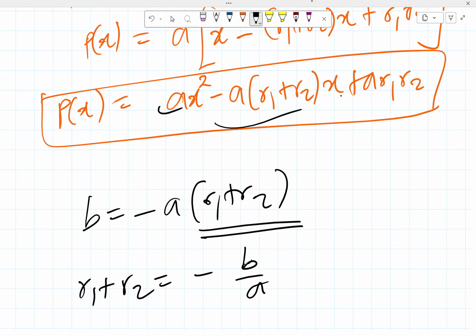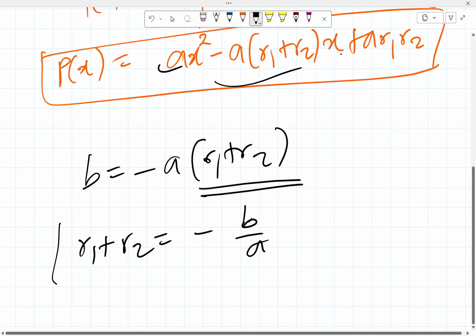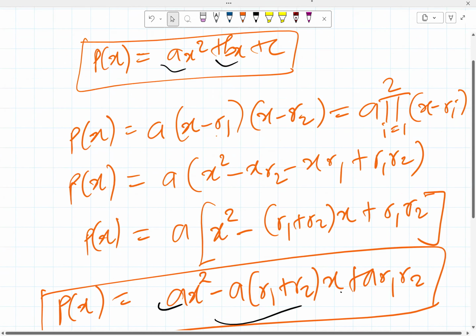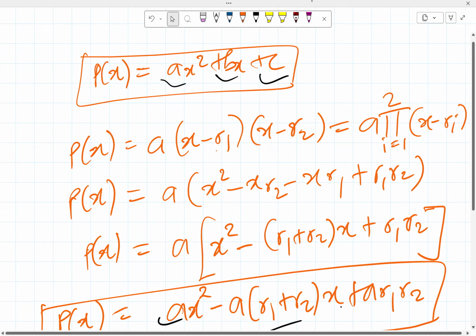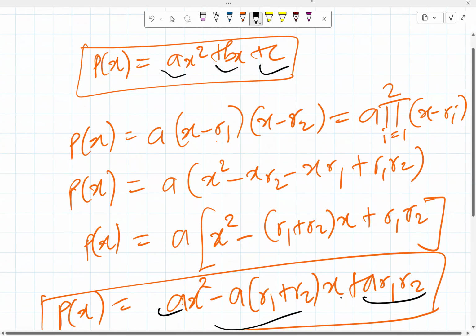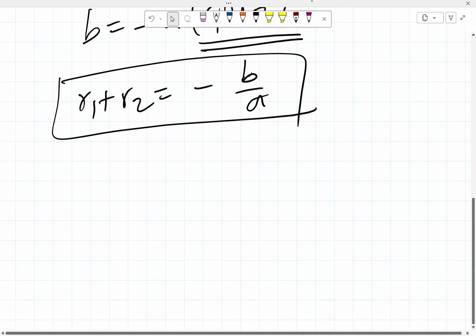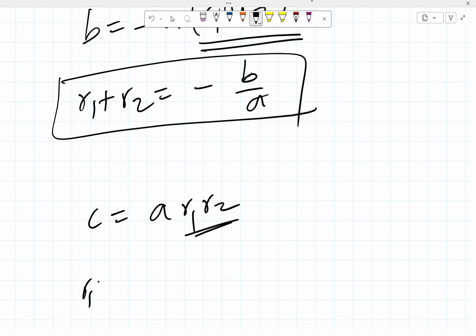That means you divide through by minus a. On the other hand, you see that the constant c is simply equal to a r1 r2. In this case, we need r1 r2, so you divide through by a. So you have r1 r2 equal to c over a.